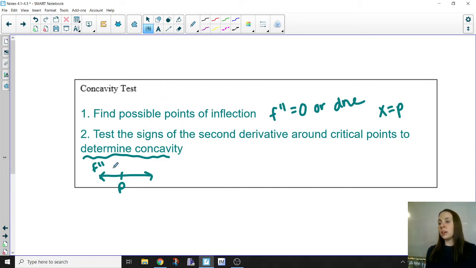So there are, again, the three scenarios. It could change from positive to negative, it could change from negative to positive, or you have that no sign change possibility.